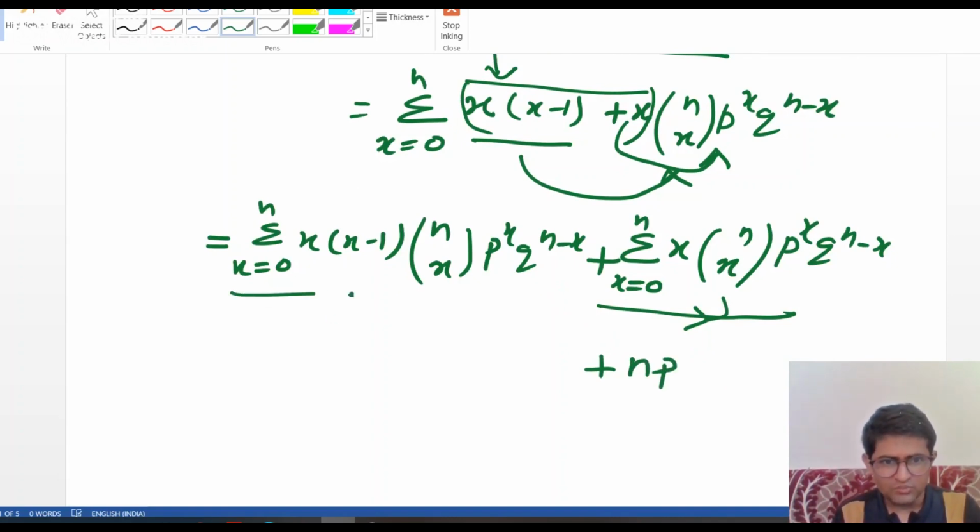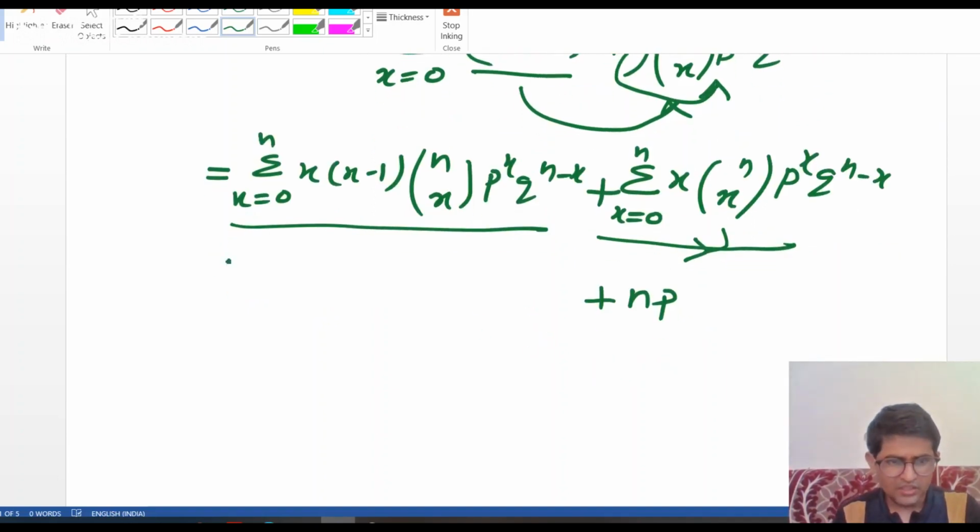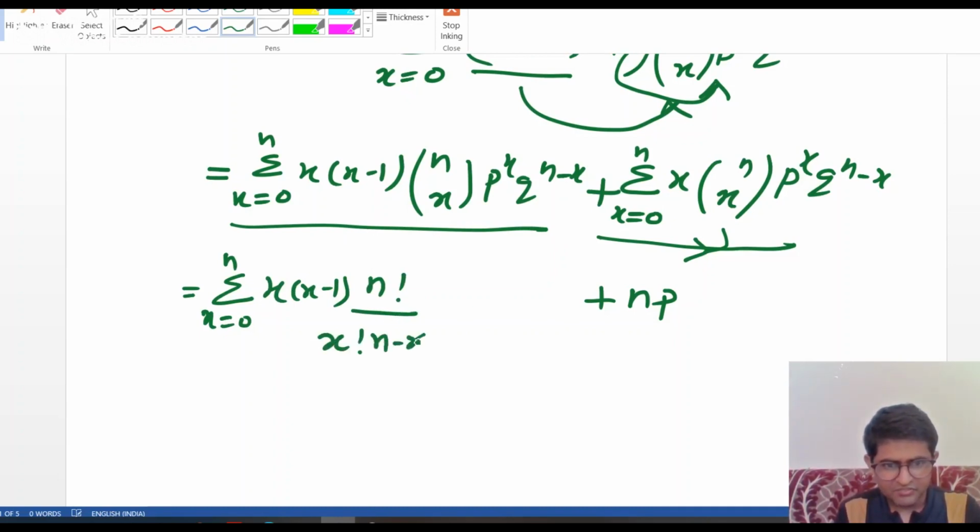Now find the value of the first part. We can write it as n times the summation for x from 0 to n of x into x minus 1 times n factorial divided by x factorial and n minus x factorial, p to the power x q to the power n minus x.